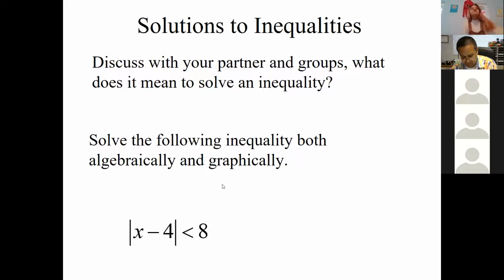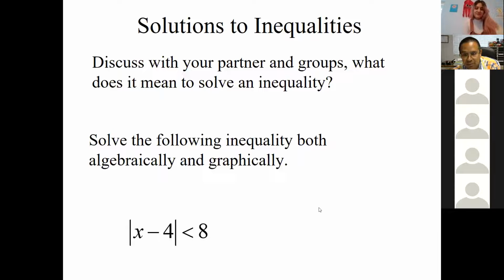Okay. What about group 3? That would be Karim or Giovanni. Oh, so I got x element of -4 and 12, and I did that by doing -8 is less than x -4, which is less than 8, and then I added 4 to both sides.